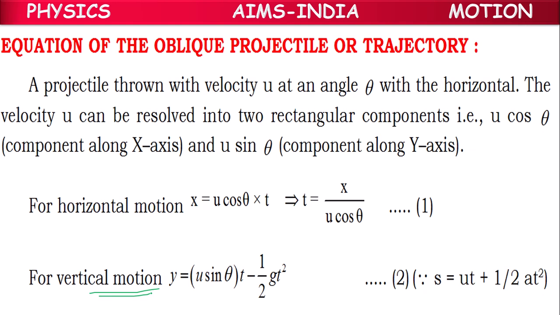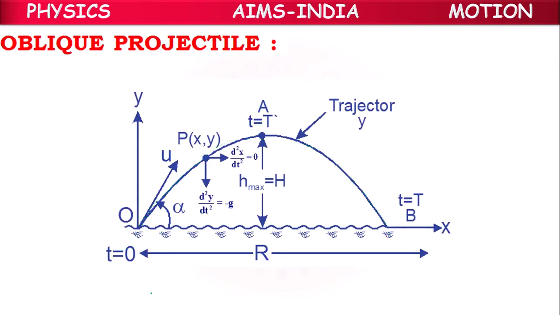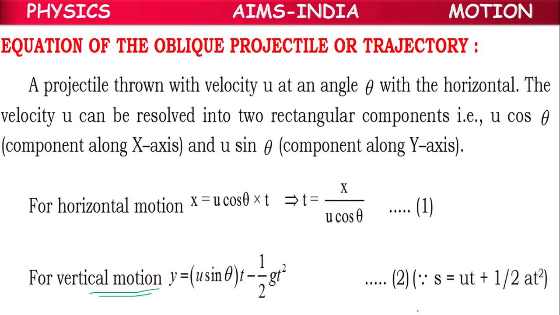Here, children, the vertical motion along the entire path is an example of a uniformly accelerated body under the influence of gravitational force, or acceleration due to gravity. So for the vertical component of the body, we have to consider the equations of motion of uniformly accelerated bodies.